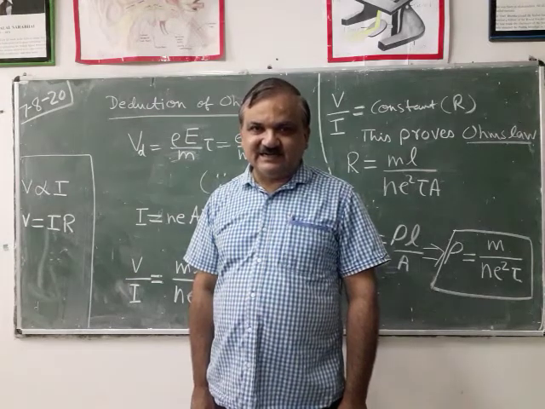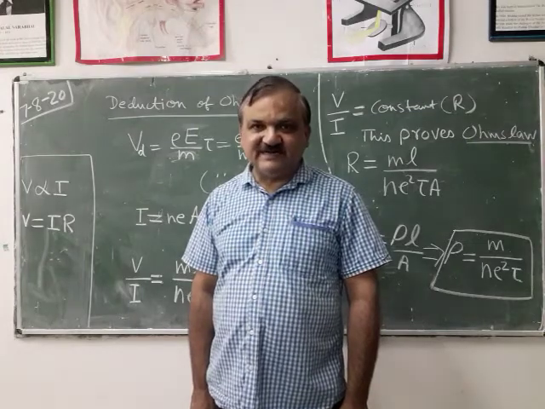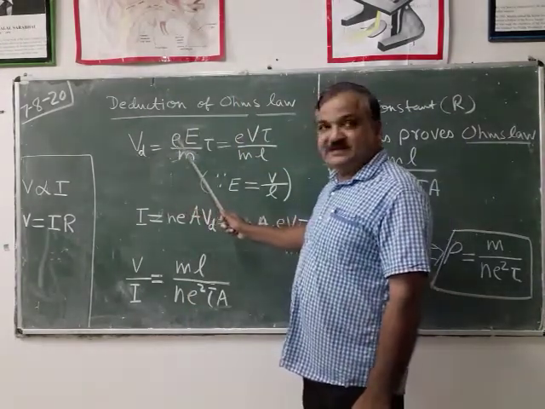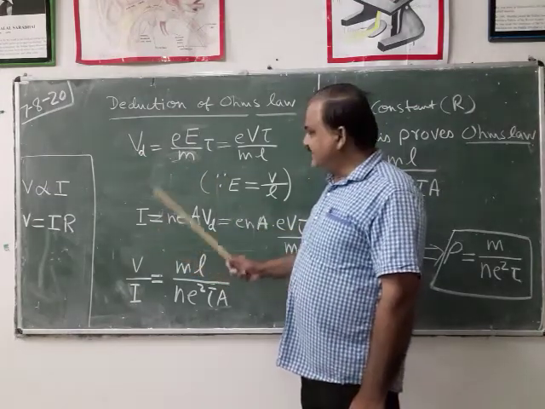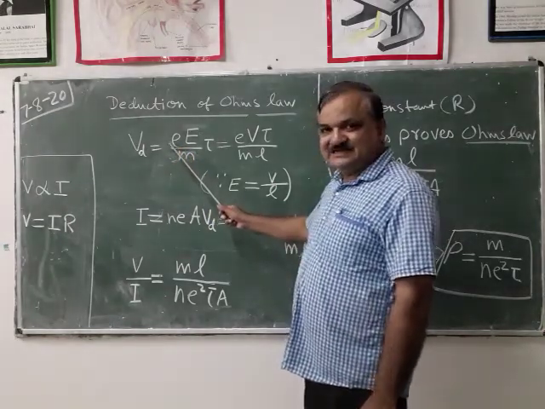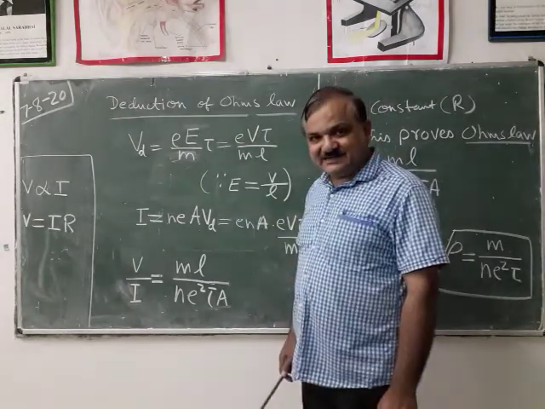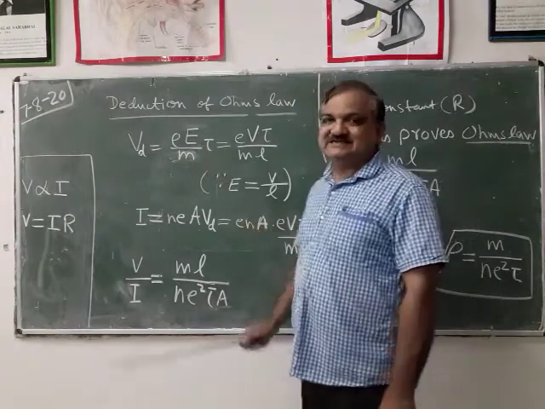The expression for drift velocity is given as Vd = eE/m × tau, where symbols have their usual meanings. Small e is the charge on the electron, capital E is the electric field across the conductor, m is the mass of the electron, and tau is the relaxation time.